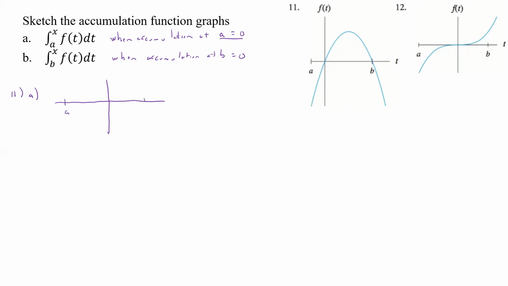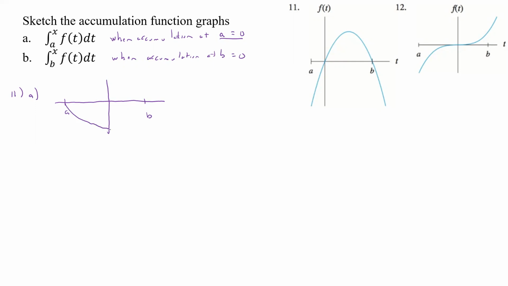Let's say we have a B here. So again, we said we're going to go down, and that's going to be a minimum at that point here on the 0 axis.